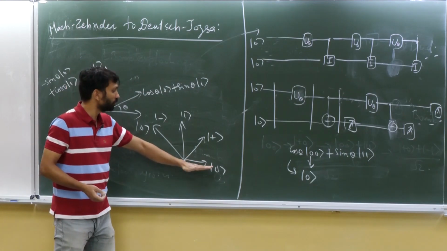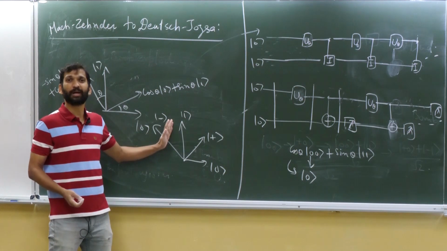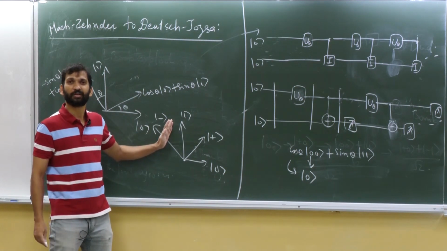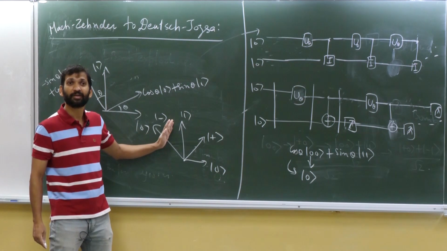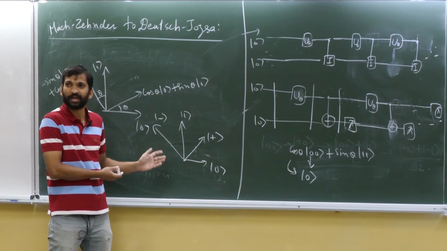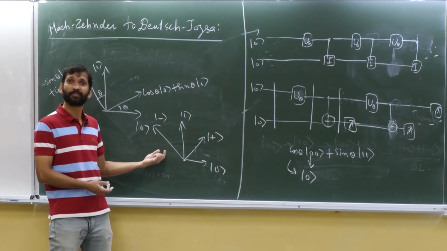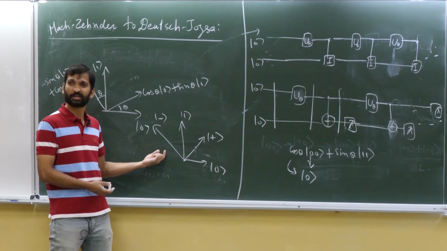What about the matrix which rotates 0 by 45 degrees but rotates 1 by, let's say, 22.5 degrees? Is that unitary? No, because you won't get an orthonormal basis. These angles have to be equal for it to be an orthonormal basis.